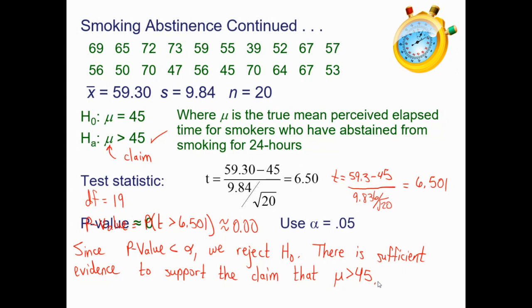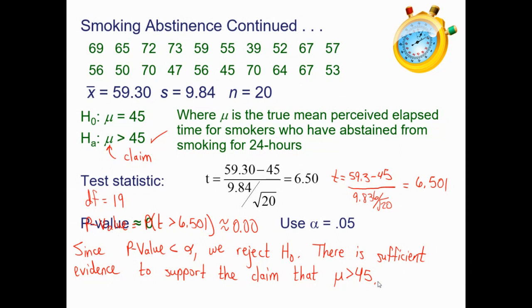Remember, if I really want to be totally correct on the AP test, I wouldn't say the claim that mu is greater than 45. I would say the claim that the true mean perceived elapsed time for smokers who abstain from smoking for 24 hours is greater than 45.